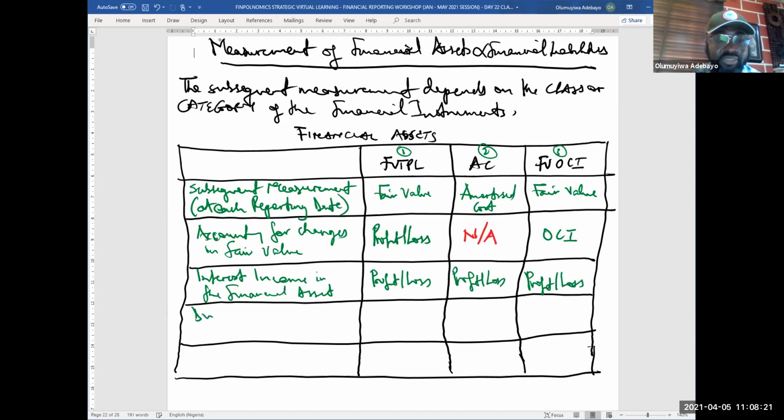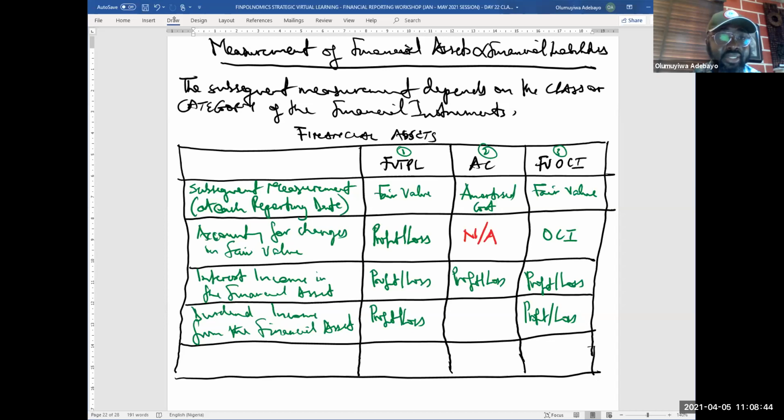How do you recognize dividend income from the financial assets? You recognize it, regardless of the case, in profit or loss.